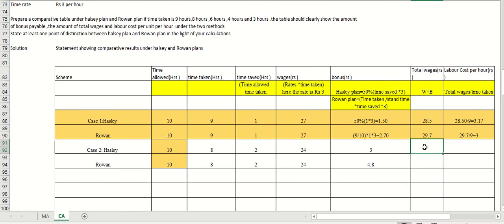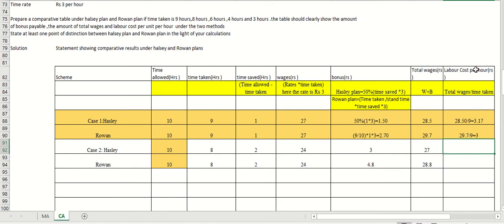So wages plus bonus, you get your total wages, which is equal to 27 in the first case, and in the second case it is 28.80, which is 24 plus 3, 27, and 24 plus 4.8, 28.8.